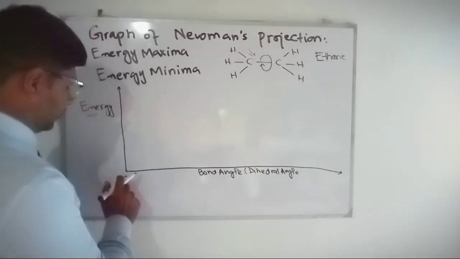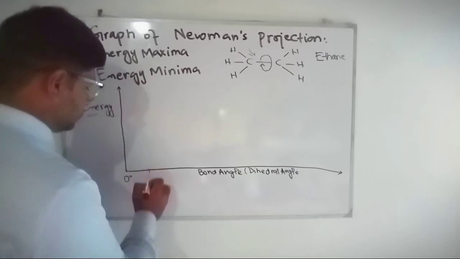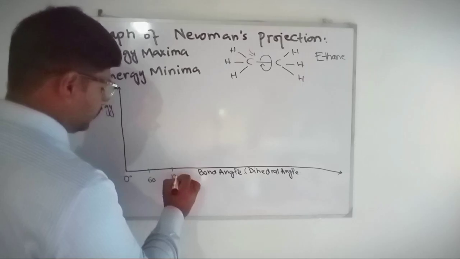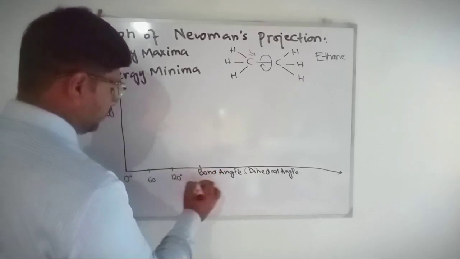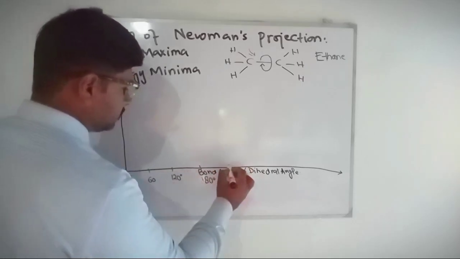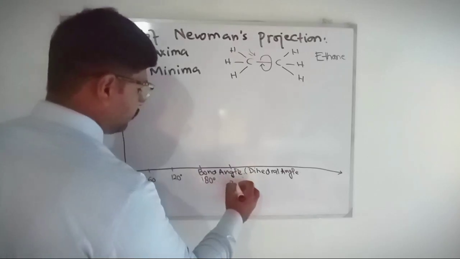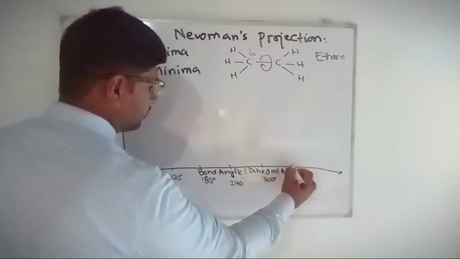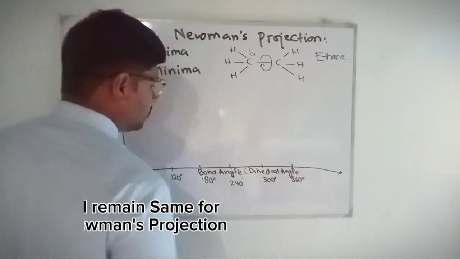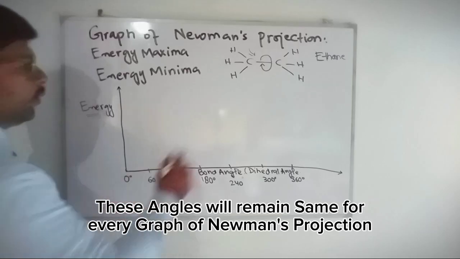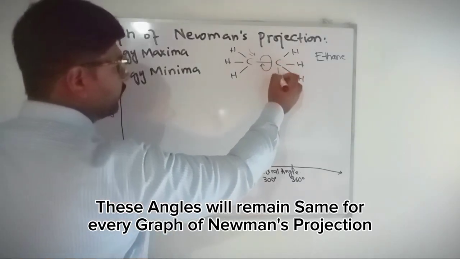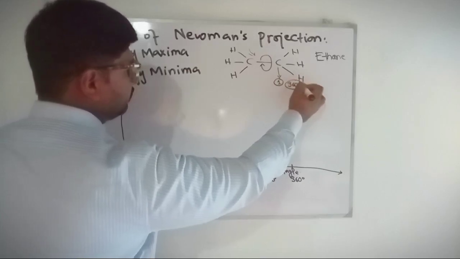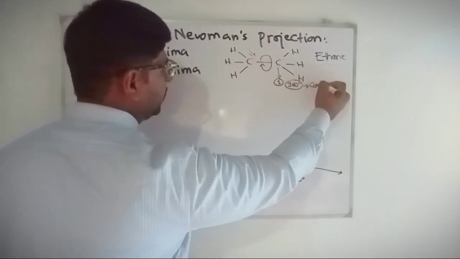So this point on the graph shows us the 0 degrees, and the next point will be 60 degrees, then 120 degrees, then 180 degrees, then 240 degrees, then 300 degrees, then 360 degrees. So we have assumed the whole rotation of one carbon atom at 360 degrees, which means complete rotation.